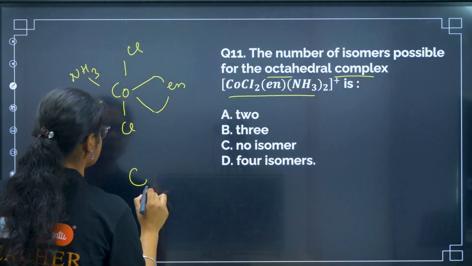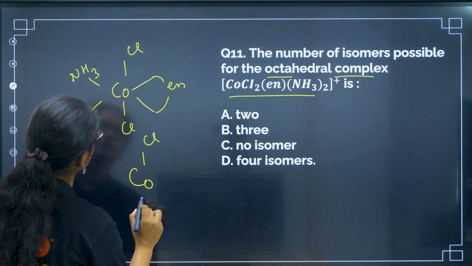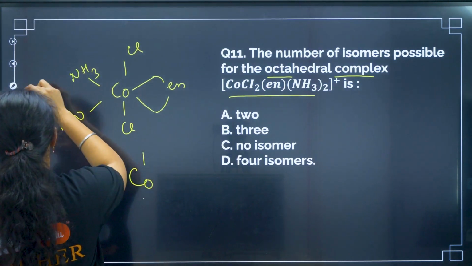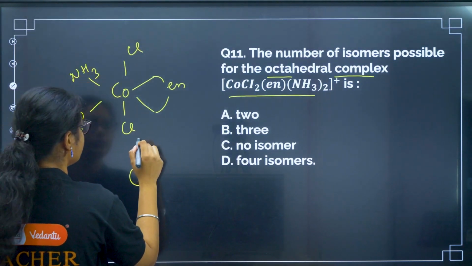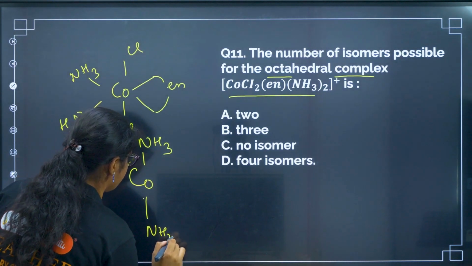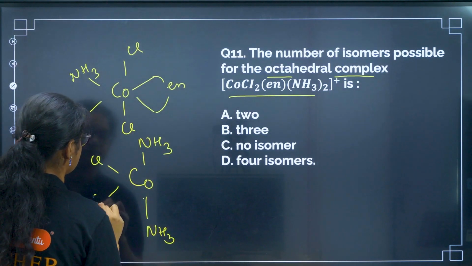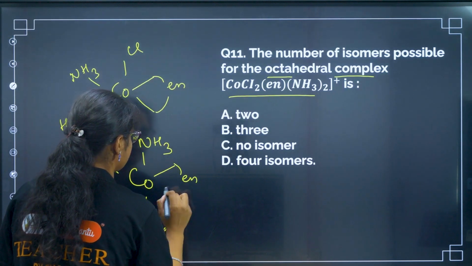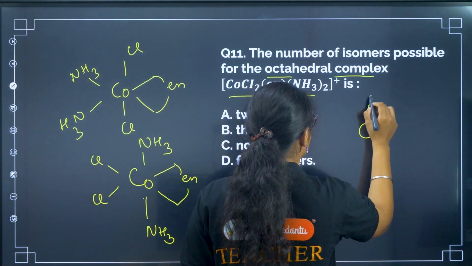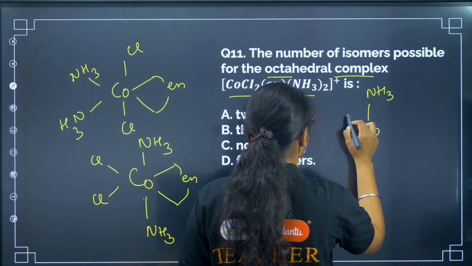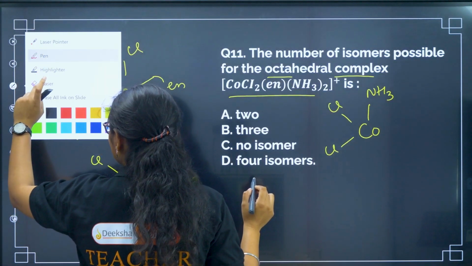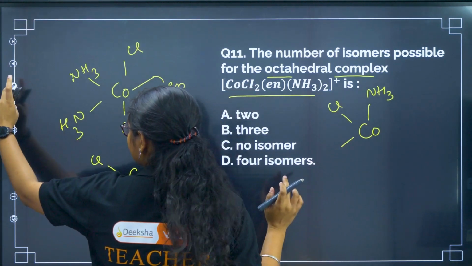Then we can have Cl, NH3 I can take here instead of trans with respect to NH3, right? And then Cl we can have En here. Next one, what else is possible is we can take NH3 and Cl in this form, without any cis and trans, we can just take one NH3 and one Cl.